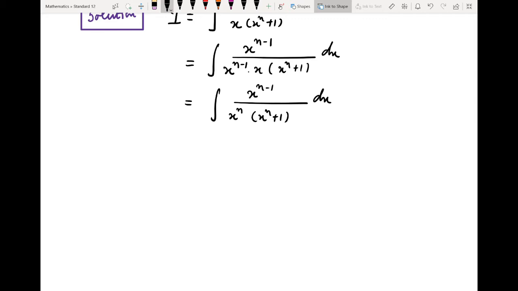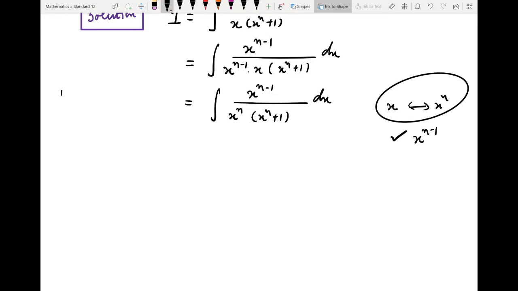So in such an example, you find out the relation between x and x raised to n. Difference of the power is x raised to n minus 1. So multiply numerator and denominator by it.